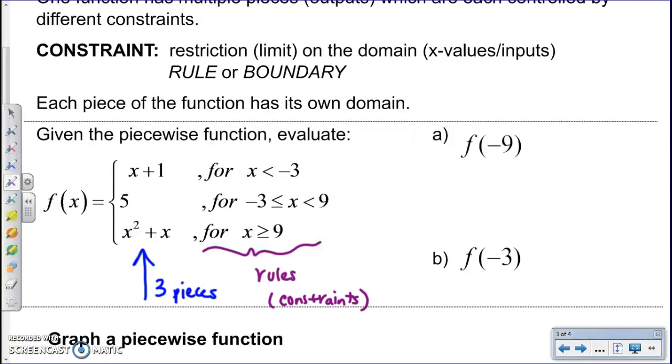As you already know, this number within the parentheses is your x coordinate, your x value. And whatever this x value is, you're looking to see for which rule it will fit.